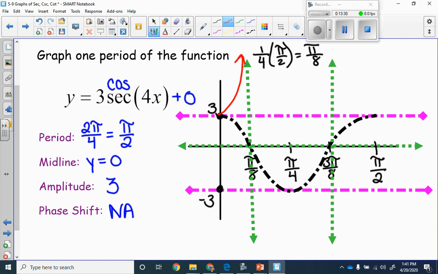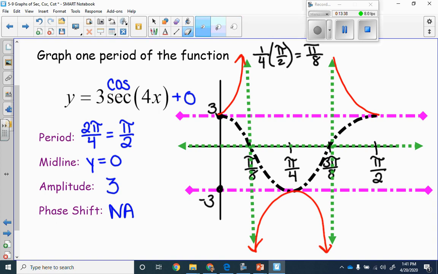And so my graph is going to look just like I have here in the red. And so if I could nicely get rid of my little snake line here, there's your graph for the secant function here. So by graphing out the cosine first, I think that makes it a lot easier to sketch out the graph of the secant.